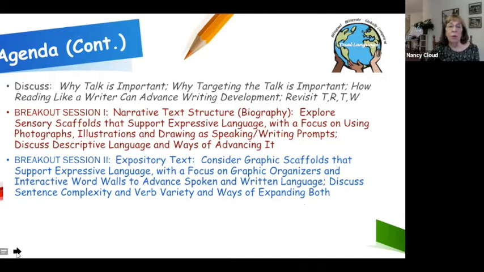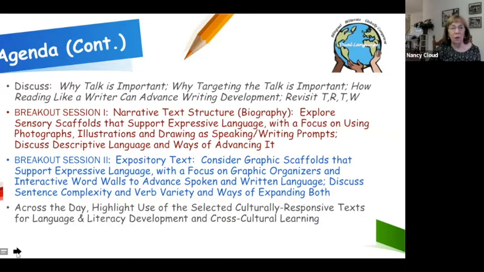And with both of those breakout sessions that you see in red and blue, we are going to be showing you the language supports and the content scaffolds that we need to add to Nancy Motley's strategies, the talk, read, talk, write strategies. So we're really going to integrate everything all together for you.